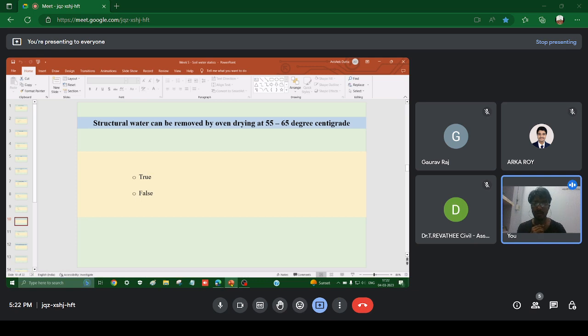Structural water can be removed by oven drying at 55 to 65 degrees centigrade. True or false? Next question.